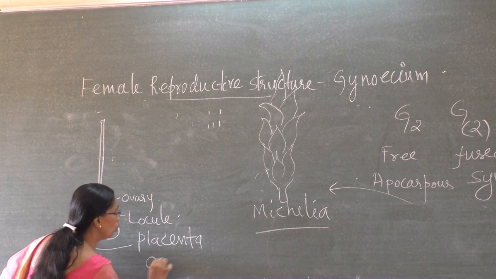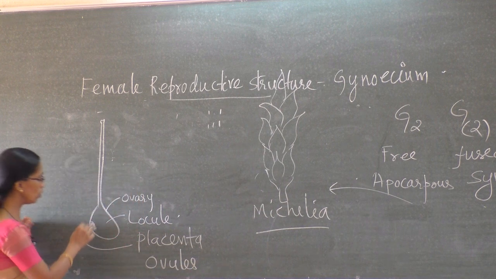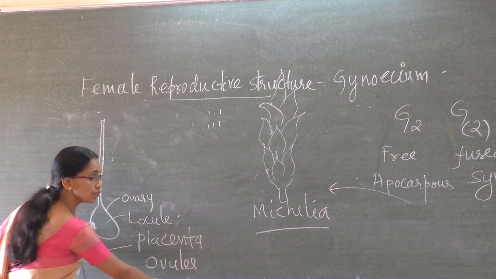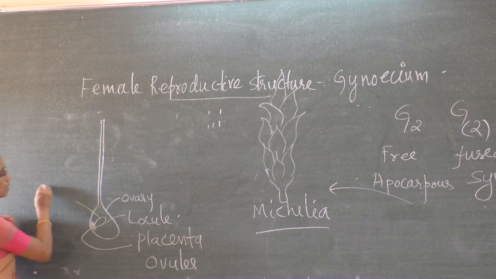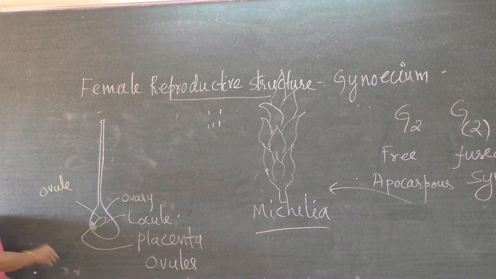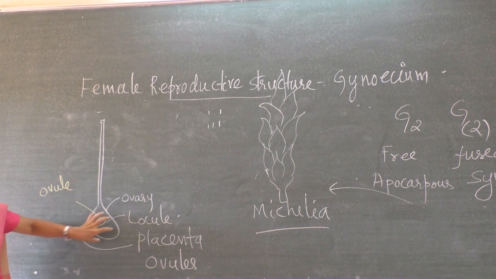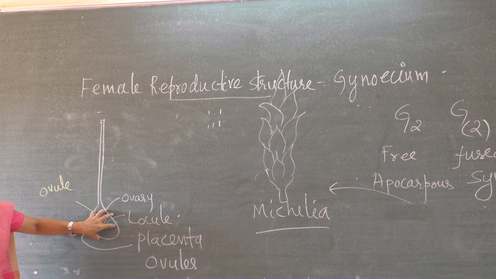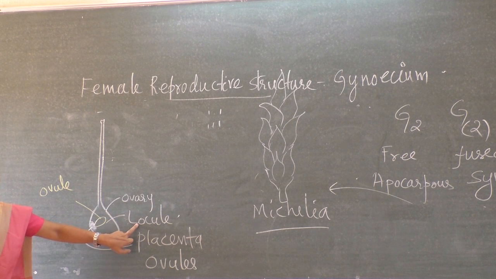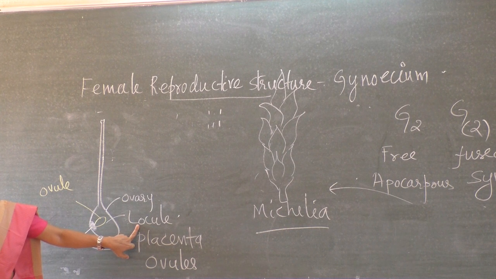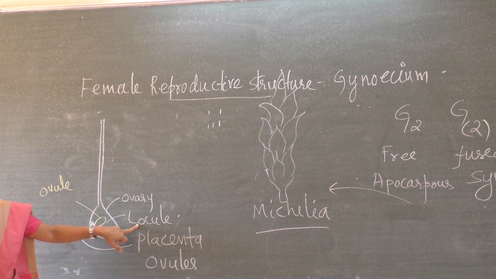One more is ovules. So what are ovules? Ovules are those which arise from the placenta. See, this is an ovule. So ovary, style and stigma. Ovary contains ovarian cavities, chambers known as locules. The number of locules again varies from ovary to ovary.